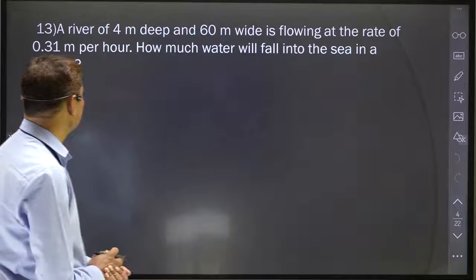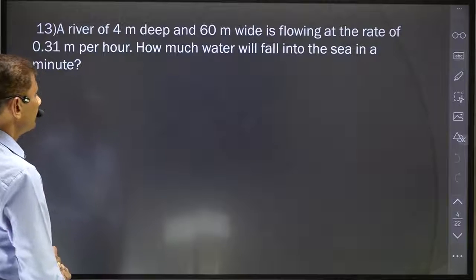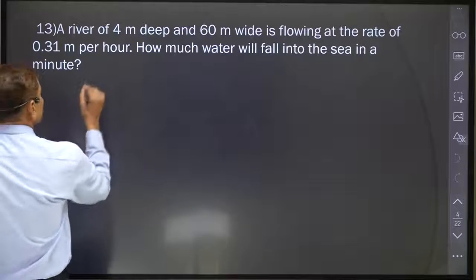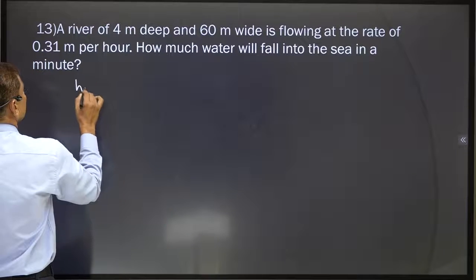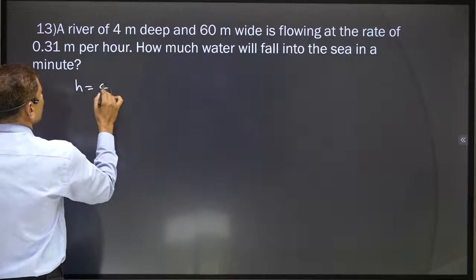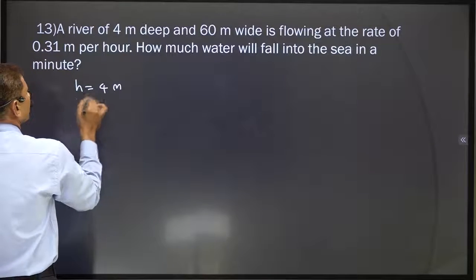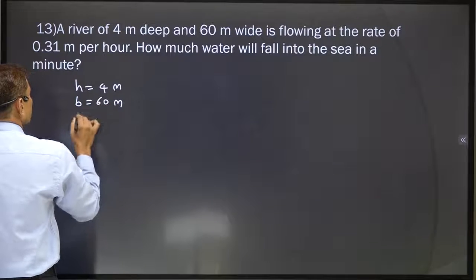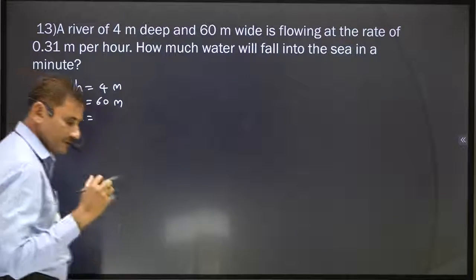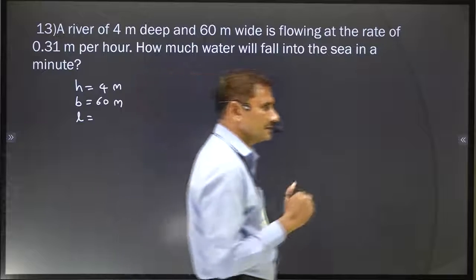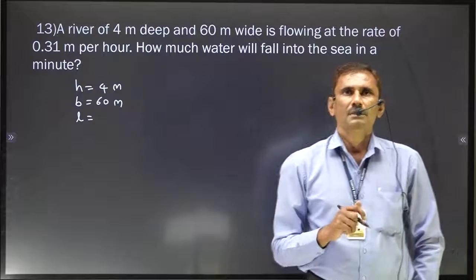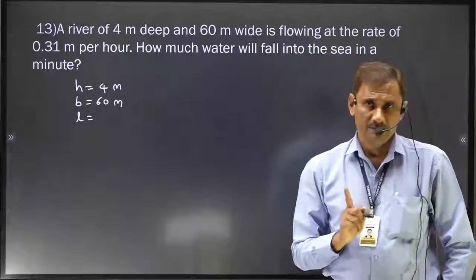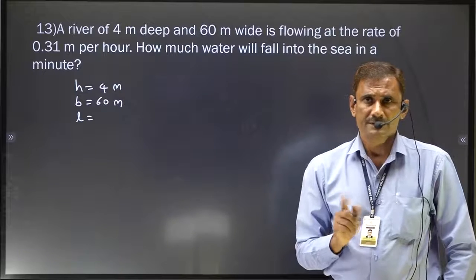So you can see here a river 4 meter deep and 60 meter wide. So you can see here height is depth, depth means height, 4 meter, width means breadth, 60 meter, but length is not given. So every time you have to find length that way. How? By doing speed into time, which is distance.